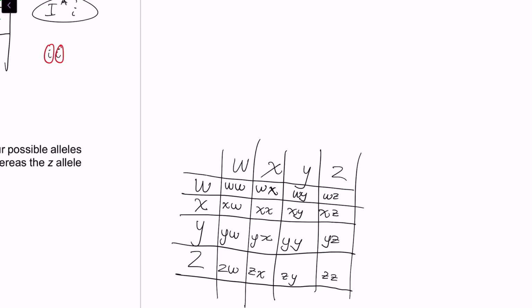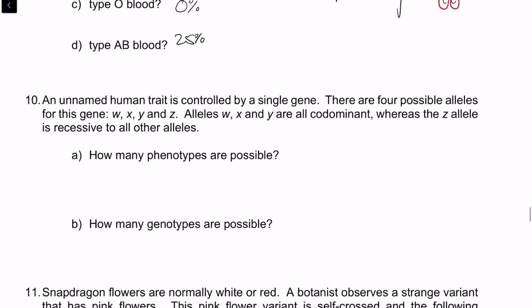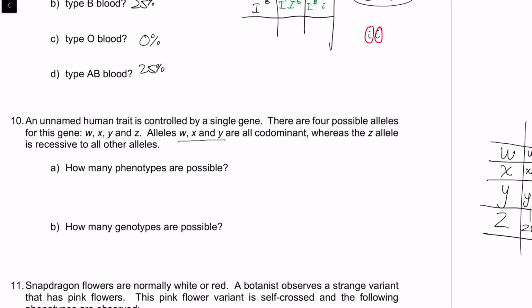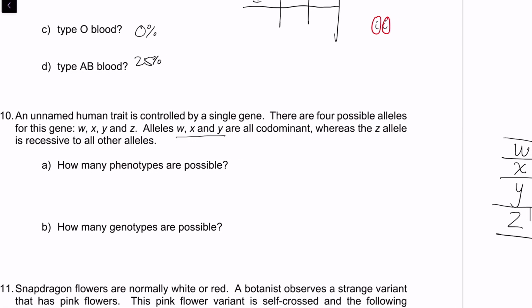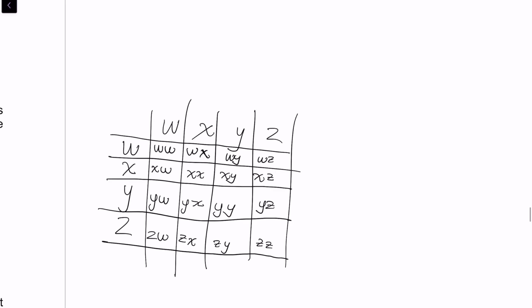Okay. Right. So we know that W, X, and Y are all codominant. So let's think of the phenotypes that we can find from here.